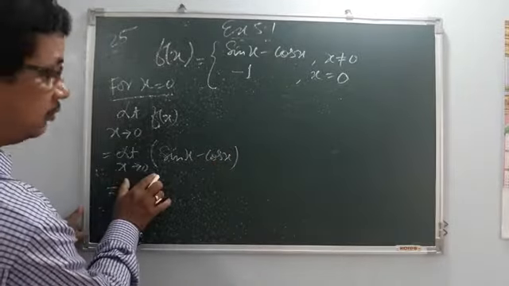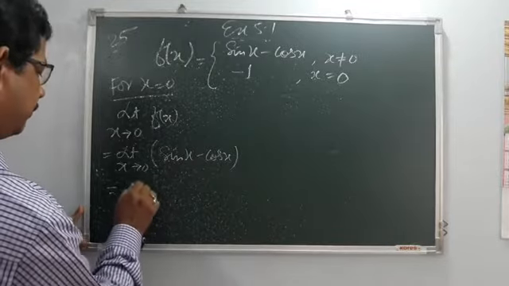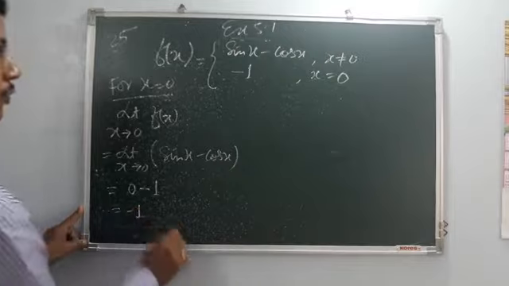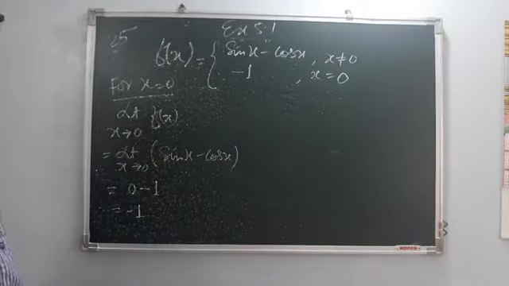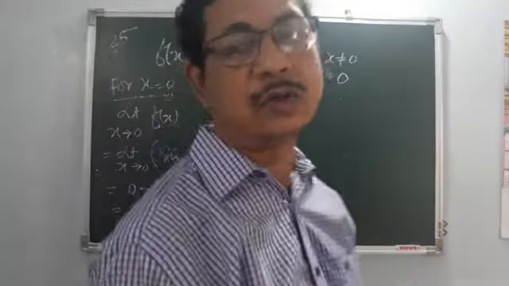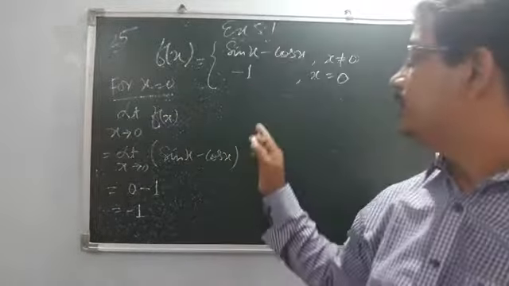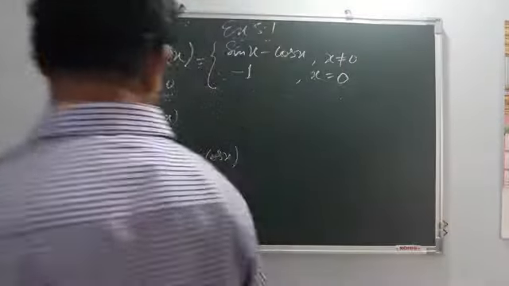If we apply the limit, then if we put x as 0, sin 0 is 0, cos 0 is 1. So we are getting minus 1. So what is the limit of f(x), x tends to 0? It is minus 1. We do not need to use LHL, RHL because it is a single value, that's why we will avoid this one.